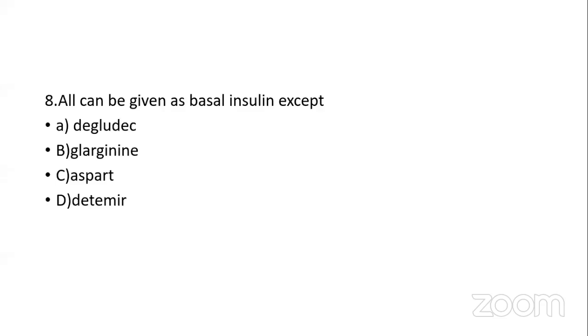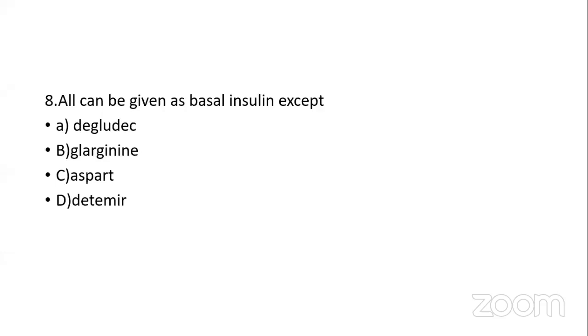If you give intermediate-acting like NPH, or what we call Insultard in some Indian companies, you give it twice a day. If you're giving a long-acting like Glargine or Lantus, you give it only once a day. So you have to give a combination of both, and that way you can adjust either the short-acting or the long-acting or both to maintain the 24-hour sugars in the range of 140 to 180. That should be your target.